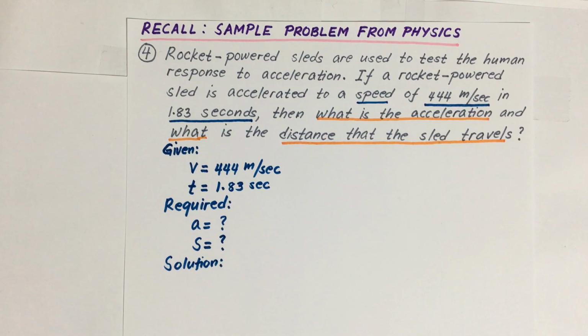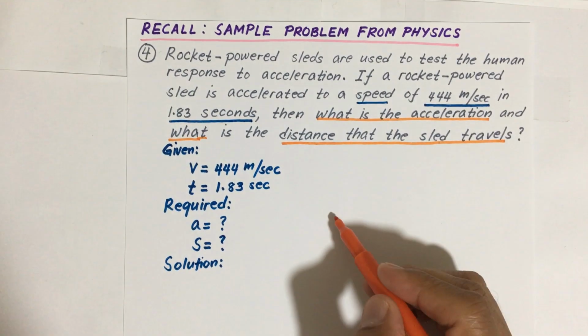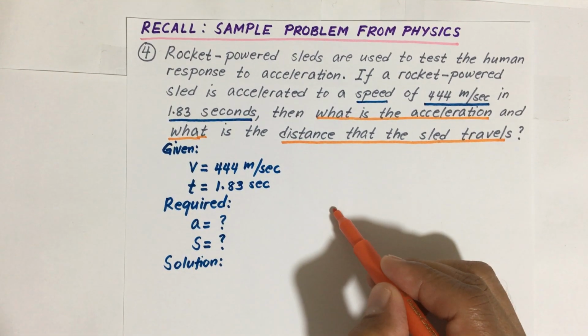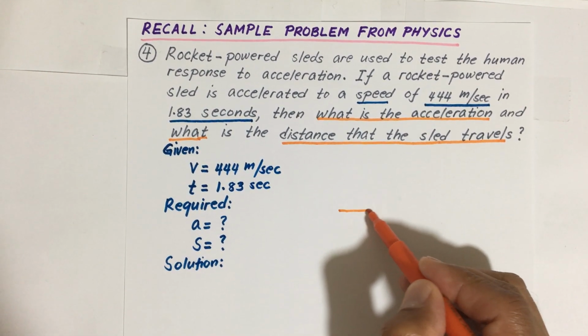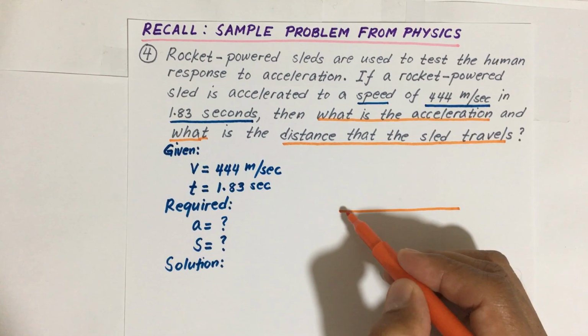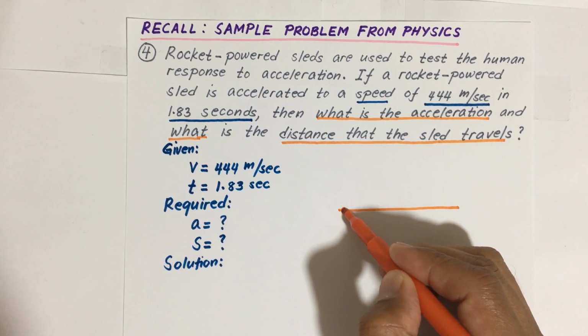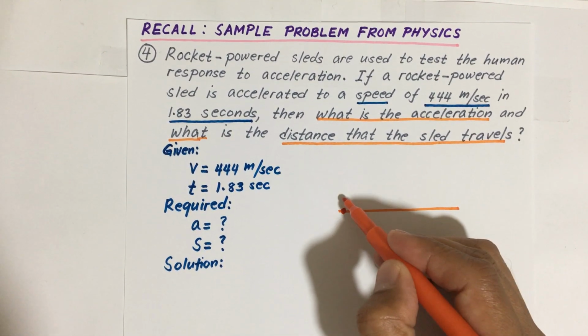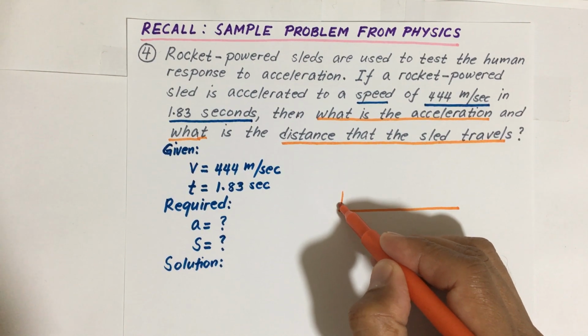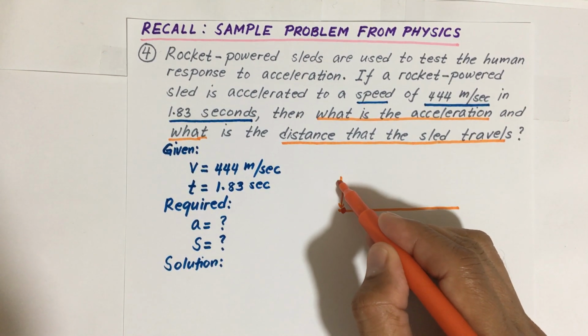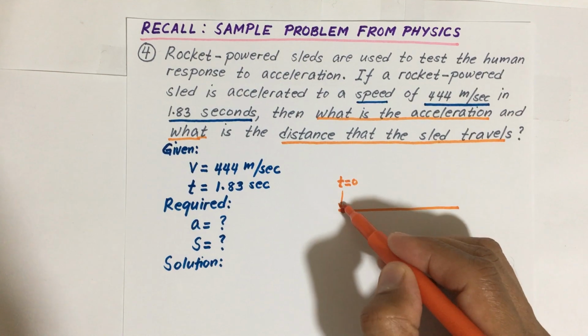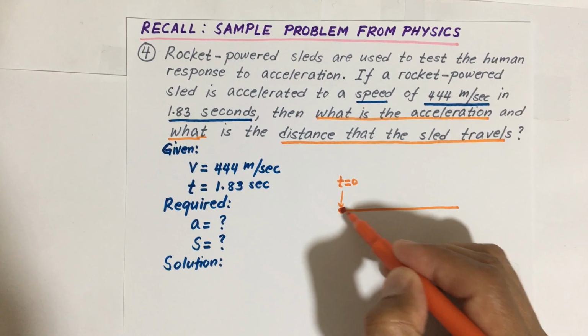Okay, so to show some illustration, assuming that the sled is not yet moving, at this point, so this is at t equal to 0. At this point the sled is not yet moving.